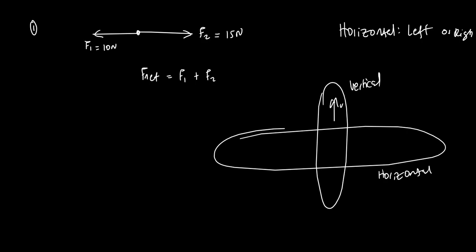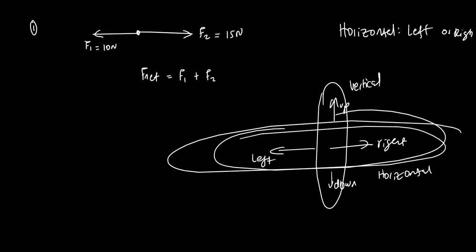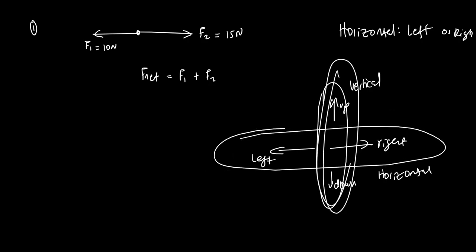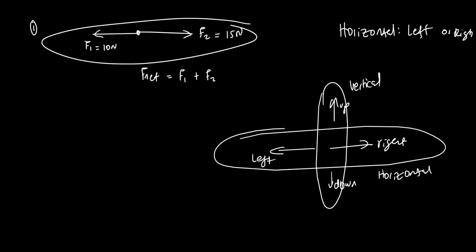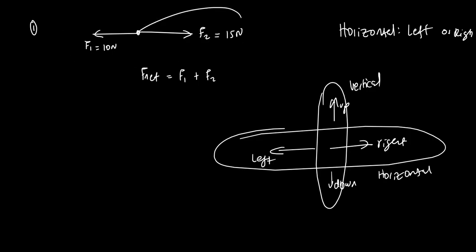Whereas in the horizontal, there will be forces acting to the right, and then there will be forces acting to the left. You are able to add these by saying F net, and then you are able to add these by saying F net, but you can't add this one and that one. No, it doesn't work like that. So similarly here, they're in the same plane. The other ones are going to the left, the other ones are going to the right, so you can simply add them. That is why now it's important to indicate the direction. To indicate the sign of the direction, to say that those that are acting to the right, we shall make them positive.